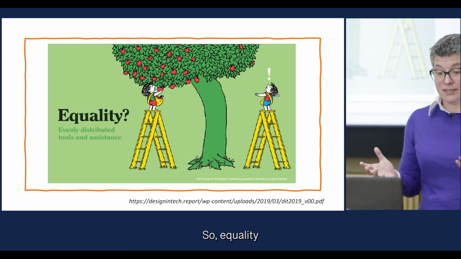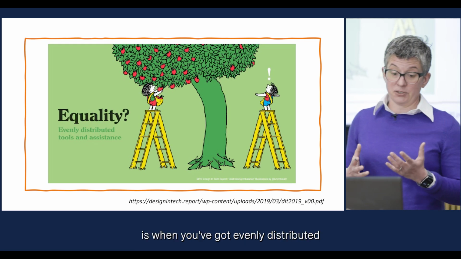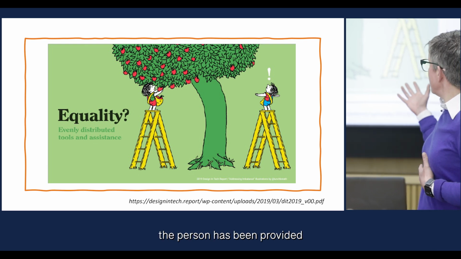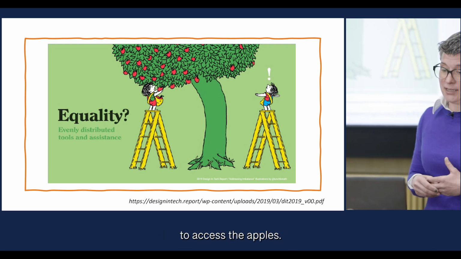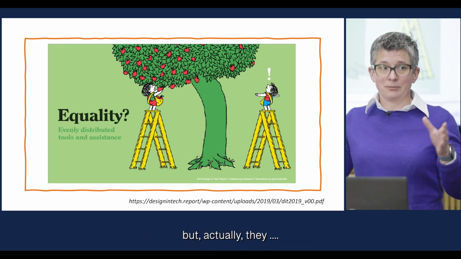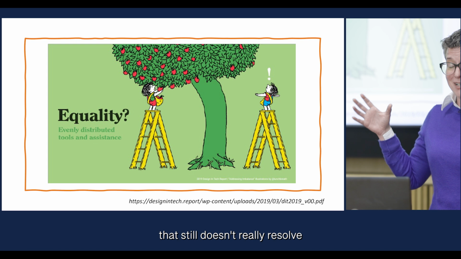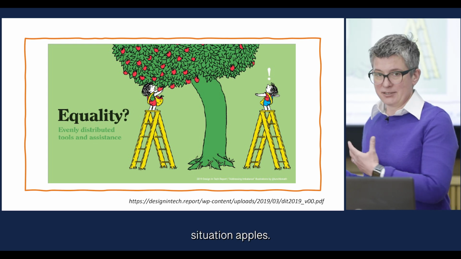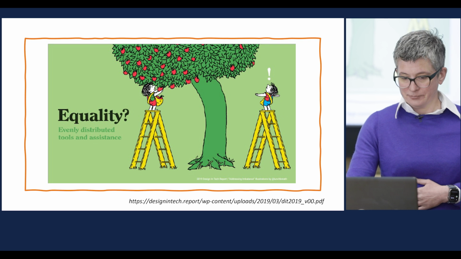So equality is when you've got evenly distributed tools and assistance. So in this case, the person's been provided with a ladder to be able to access the apples. But as you can see, they've been given the same tools, but that still doesn't really resolve the issue in terms of access to, in this situation, apples.